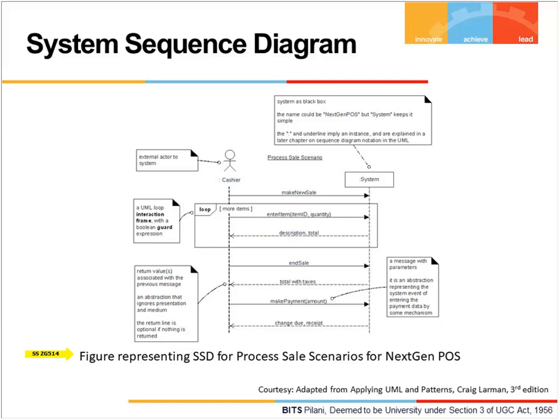Now if you see here, there is one actor, the cashier, and there is a system, my point of sale system. There is a dotted line here which shows the lifeline of this particular actor, and a dotted line here which shows the lifeline of the system.